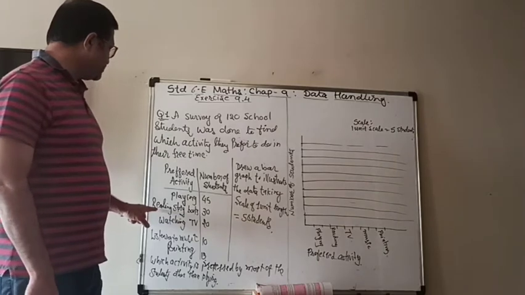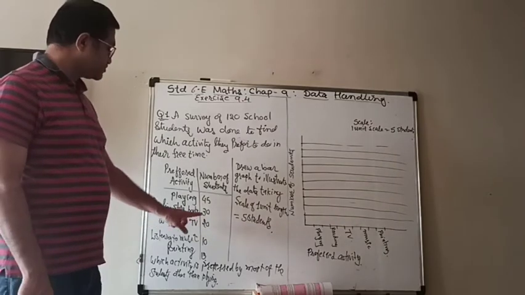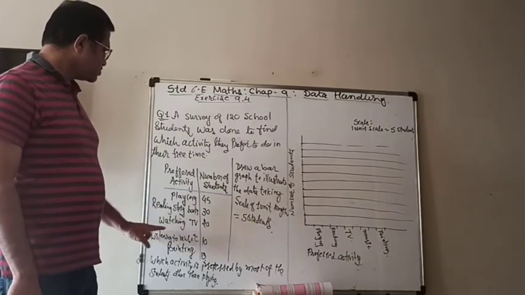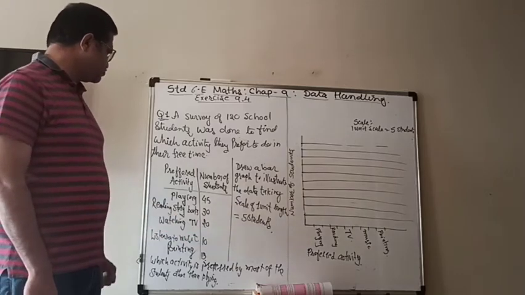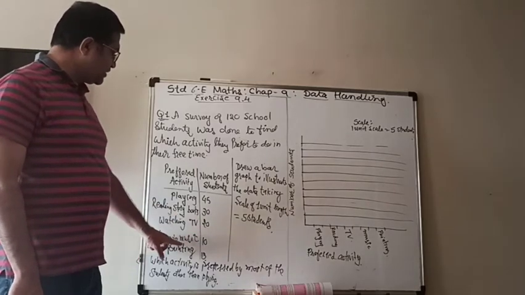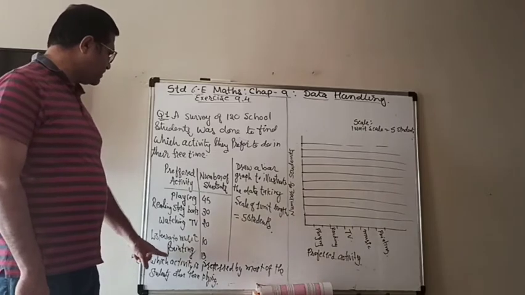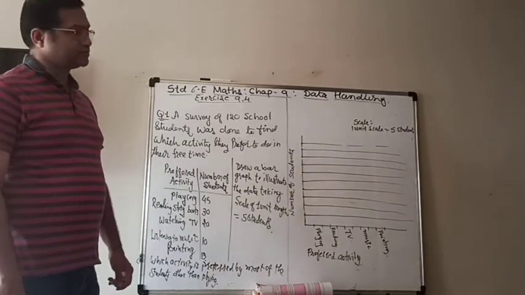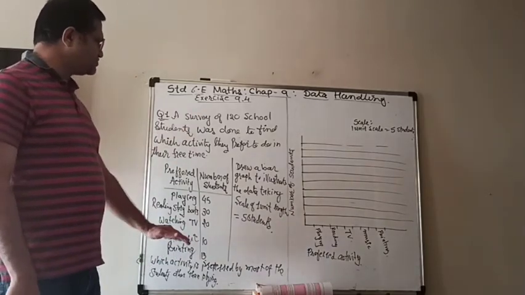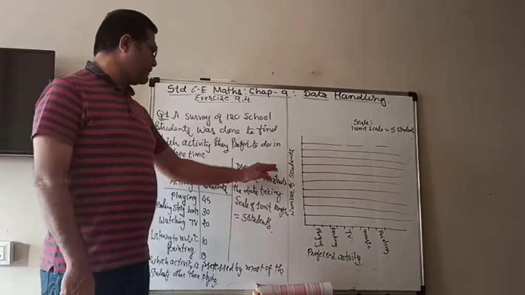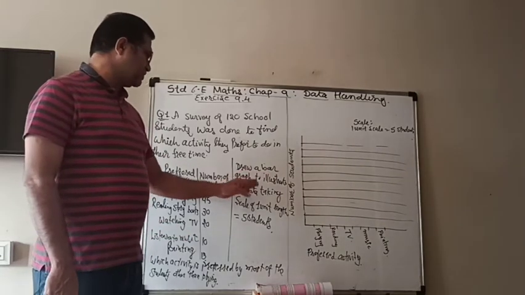The another activity is reading storybooks, 30 students. Watching TV, 20 students. Listening to music, 10 students. And painting, 15 students. Now from this data, we have to draw a bar graph to illustrate the data.